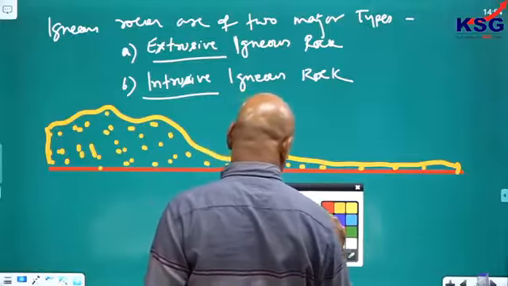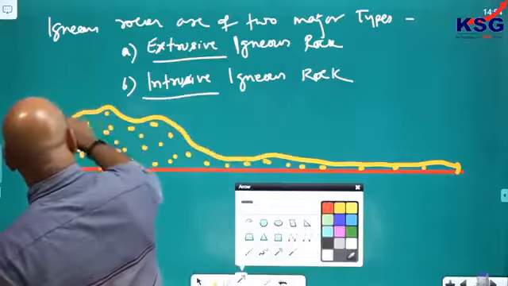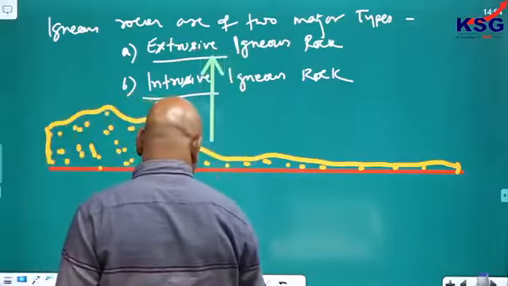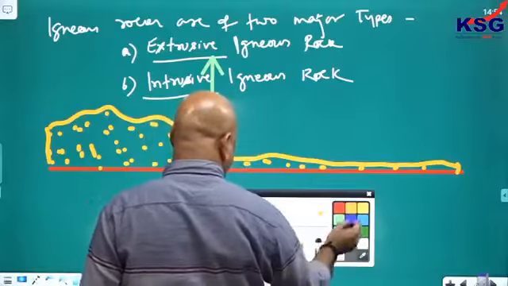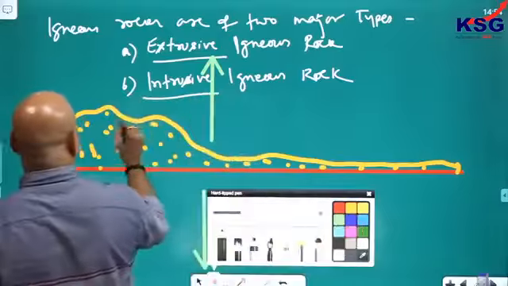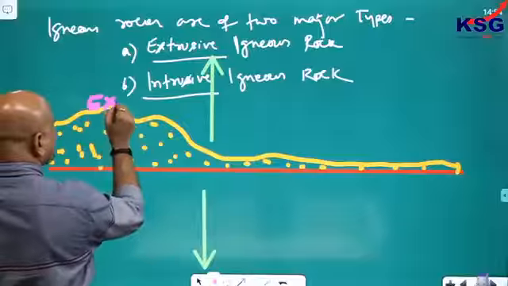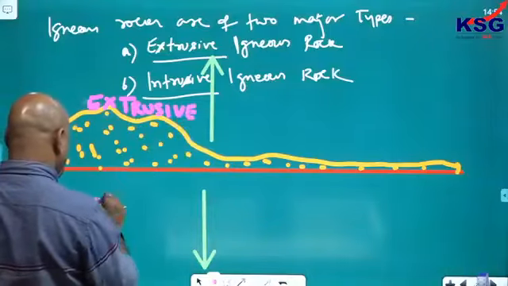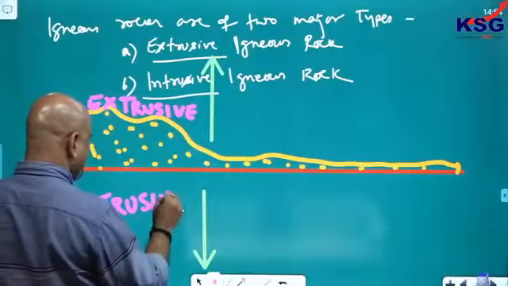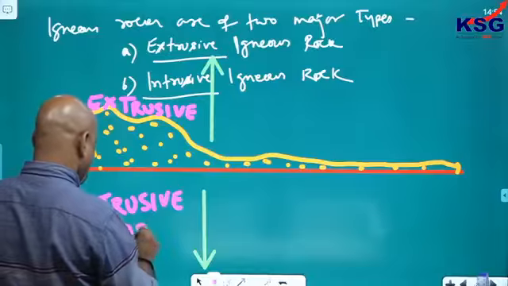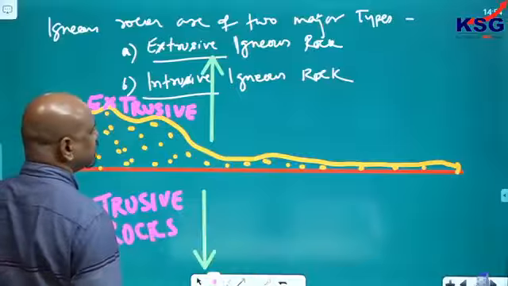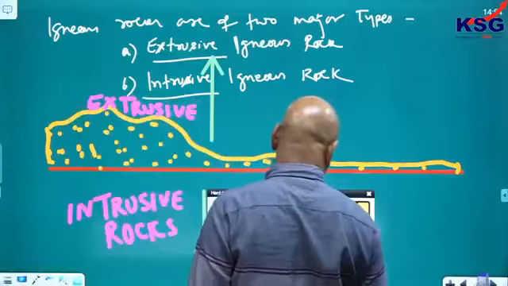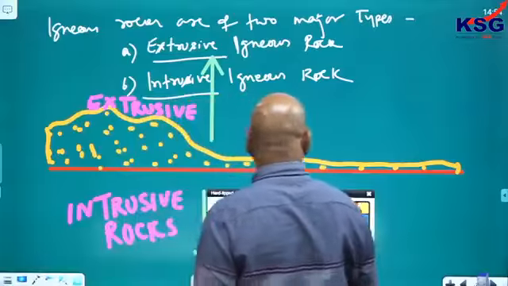What are extrusive igneous rocks? The rocks present on the earth's surface and below the surface. On the earth's surface, these are extrusive. These are intrusive. Let us see now.